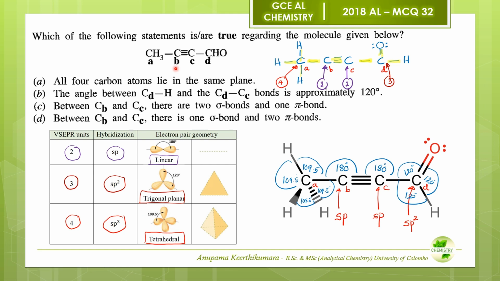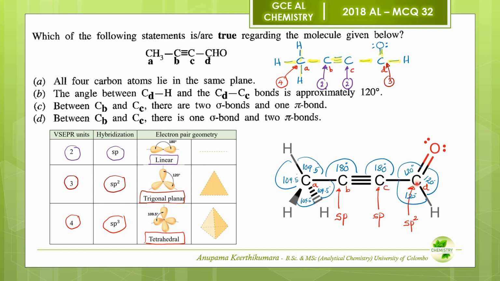This question asks you to find the true statements regarding the given molecule. Statement A: all 4 carbon atoms lie in the same plane. To answer these types of questions, it's easy to focus on sp hybridized or sp2 hybridized center atoms.